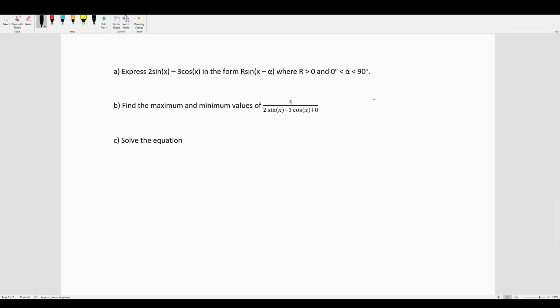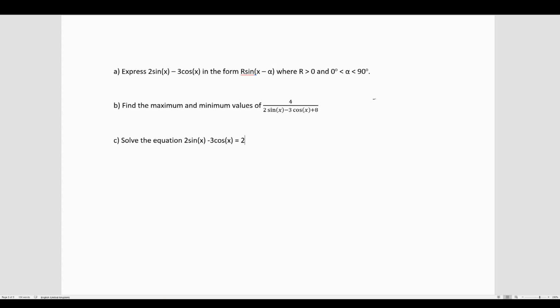And lastly, I haven't decided yet, but I think we will solve the equation 2 sine x minus 3 cos x is equal to, I'm going to say, 2.